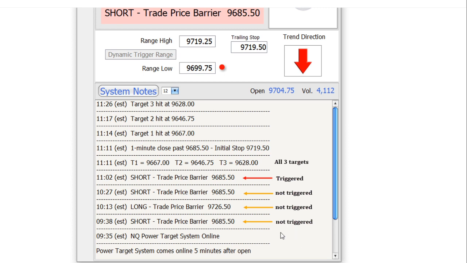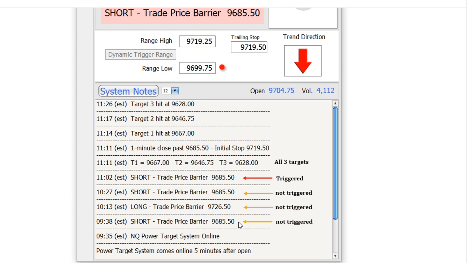Here's what I wanted to point out: sometimes you will get an alert, like this is yesterday on the NQ. There was a short alert, and you see it printed out on the line there, but it was never triggered. There was never a 1 minute close past the trade barrier, right?